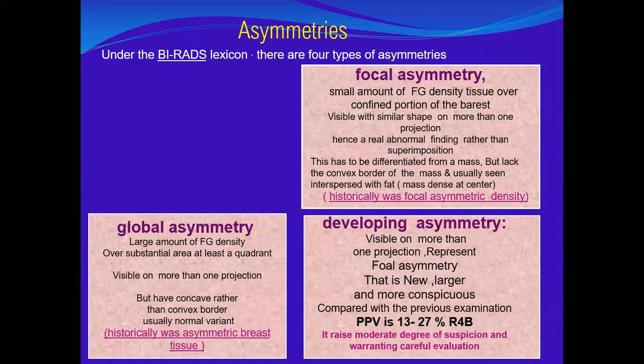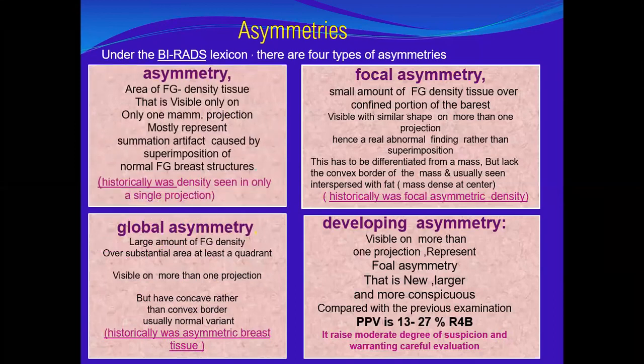It raises a moderate degree of suspicion and warrants careful evaluation. So this is the only asymmetry that, even without other associated features, might need a biopsy and further evaluation.